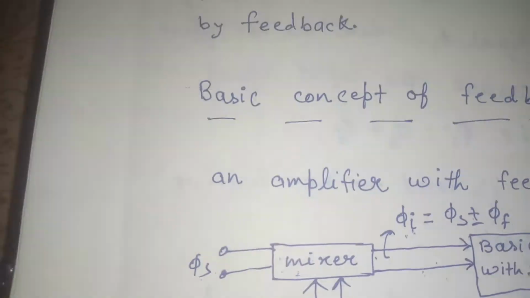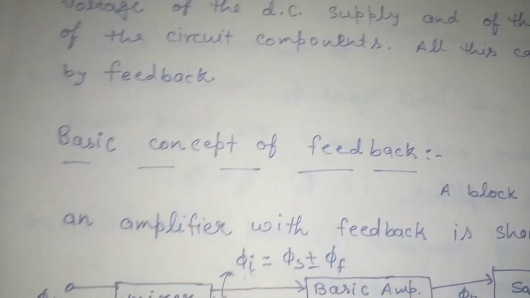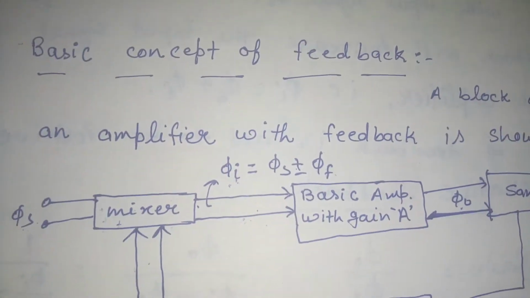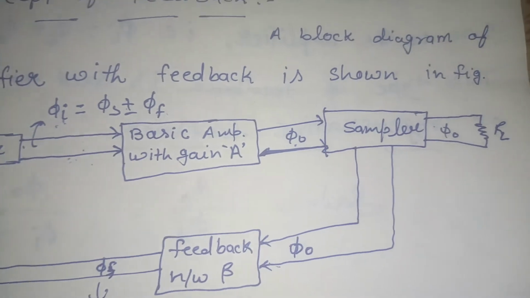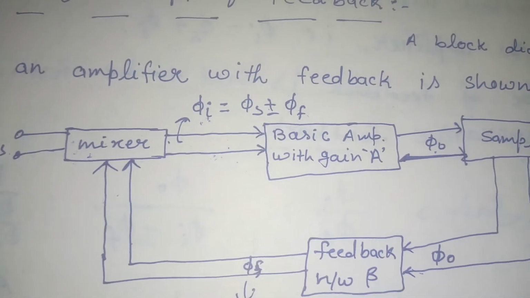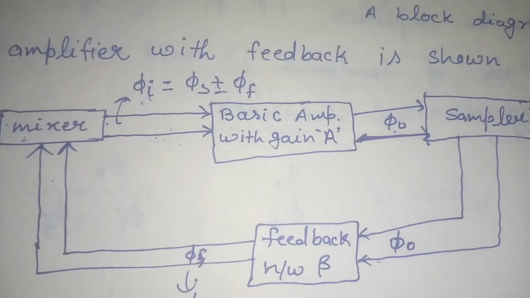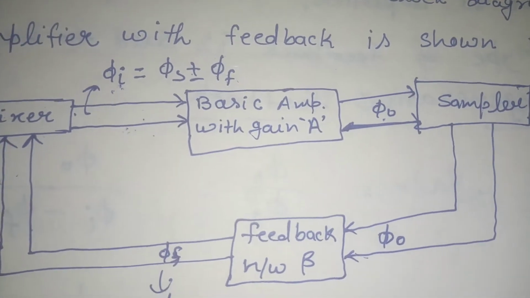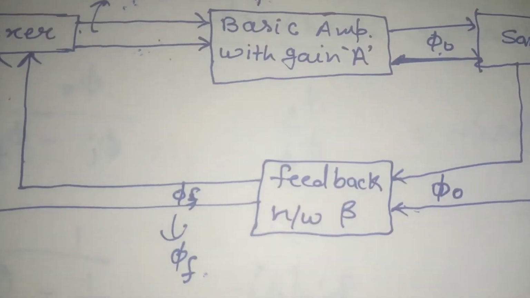So the basic concept of feedback is shown in the figure, the block diagram of the feedback. Here is the mixer and the basic amplifier with gain, and the sampler, and this is the feedback network.